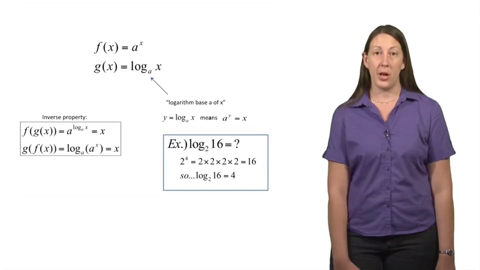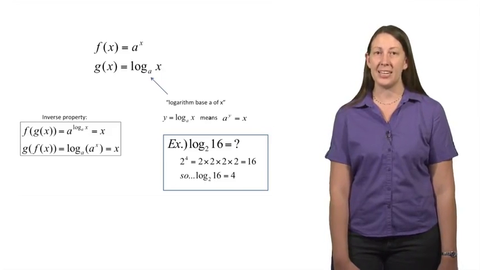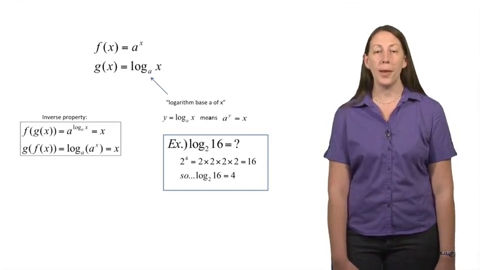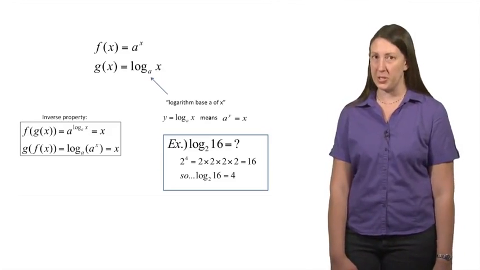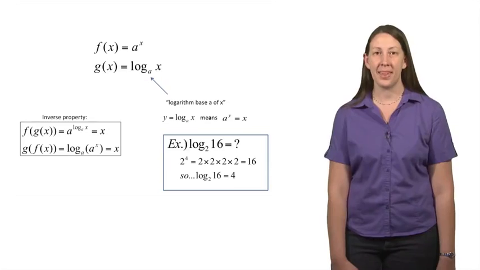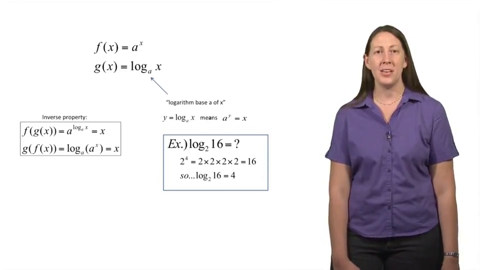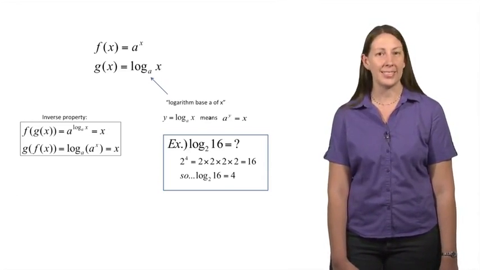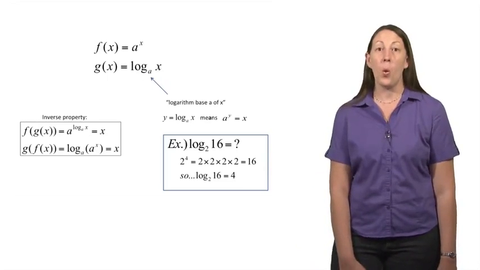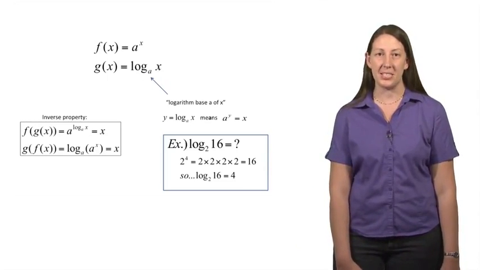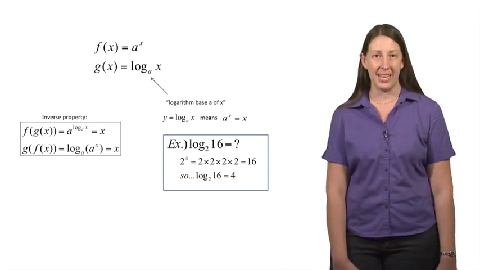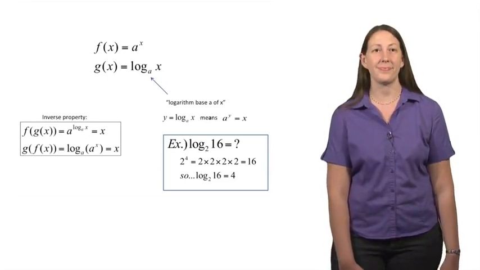In other words, log base 2 of 16 is asking the question, what power do I need to raise 2 to get 16? And the answer is 4, because 2 raised to the 4th power gives me 16. So you can see logarithm is kind of asking the inverse question of what power do I need to raise the base to get the quantity that I'm taking the logarithm of.